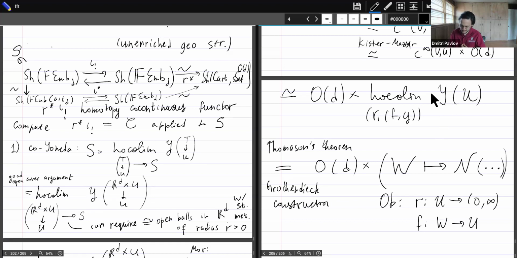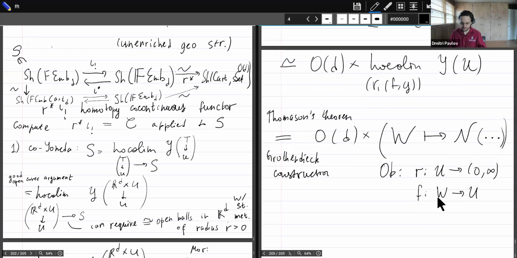F came from the representable presheaf here. So remember, here we are evaluating on W. The value of this presheaf on W is just smooth maps from W to U, and that's how this map gets incorporated into the Grothendieck construction.